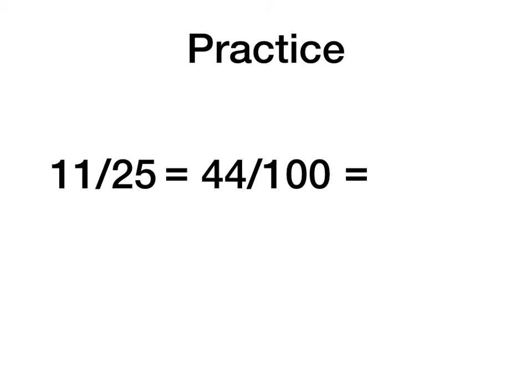Now, take this fraction, turn it into a decimal. Give yourself a chance to pause here if you haven't written that down already. 44 over 100 equates to 0.44, or 44 hundredths. Notice that you can put a 0 before the decimal or not, and it's the same thing.